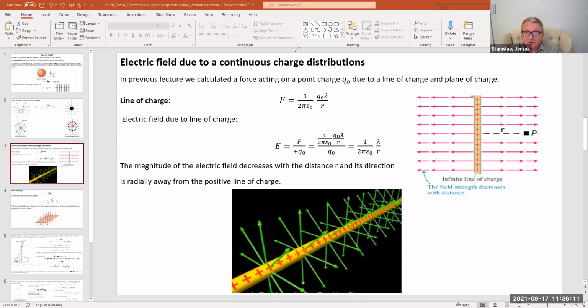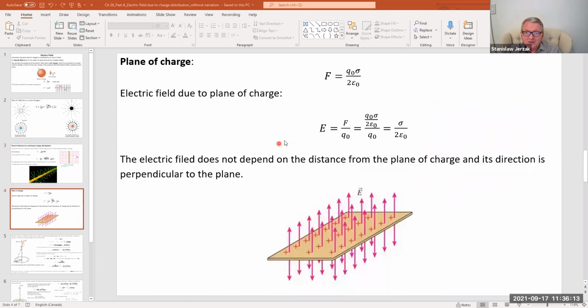So again, continuing my review, we then used the definition of electric field to find the electric field produced by the plane of charge. In the previous lectures, we found that the force acting on charge Q0 located now at a certain distance from the plane of charge is given by this expression. So by definition, electric field is equal to F divided by Q0.